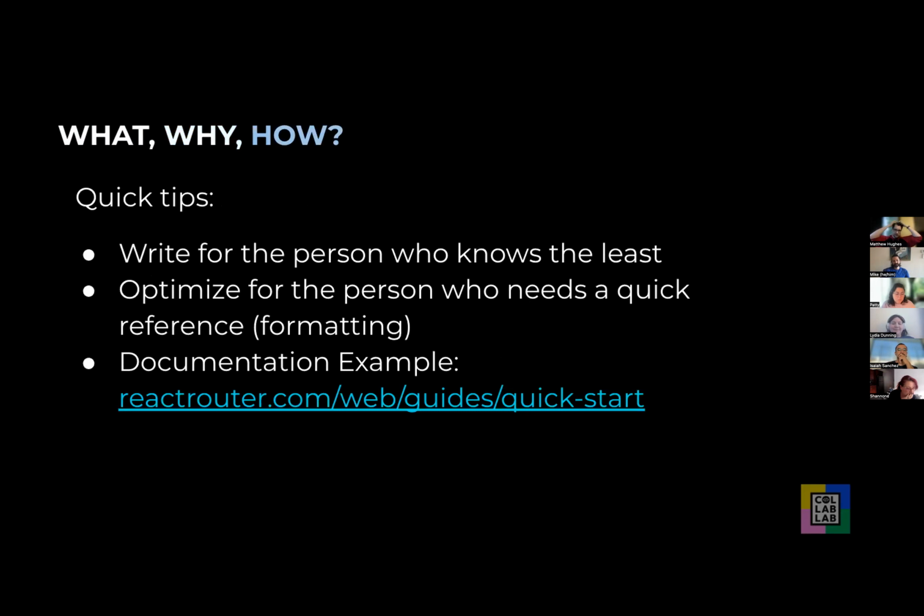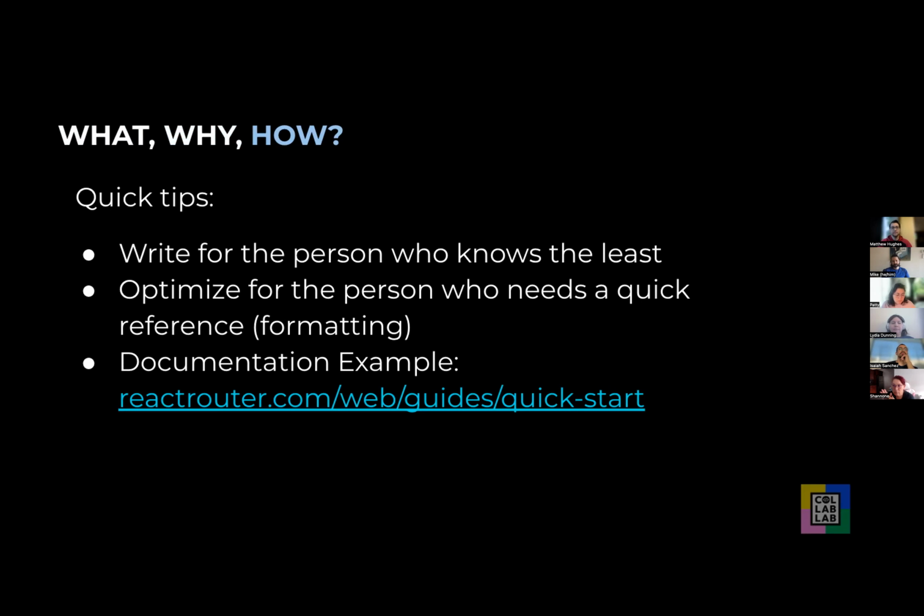So that was the what and the why. This is the how, with a few quick tips. Write for the person who knows the least. It's one of those explain it to me like I'm 5 type things. I used to work in hospitality, updating the websites and emails for Airbnbs and bed and breakfasts, and I learned very quickly that you really have to simplify things to the most basic level so that everybody understands.